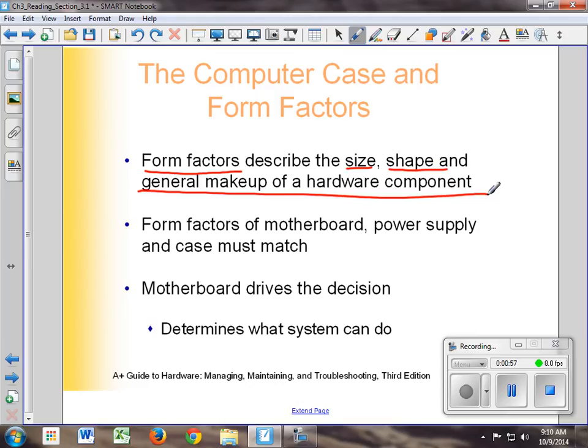PCs, motherboards, cases, and power supplies, which is why it's being introduced here, have specific form factors of things that go together. To understand form factor, it'd be like if I said Max had a Chevy Nova and Austin has a Lamborghini, and Max wants to put the Lamborghini engine into the Chevy Nova.